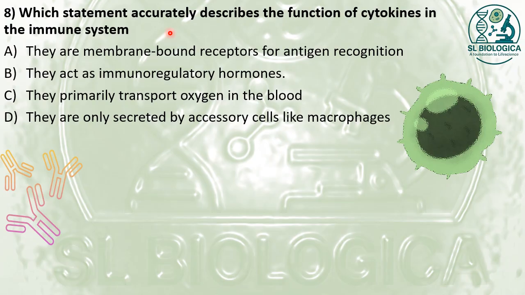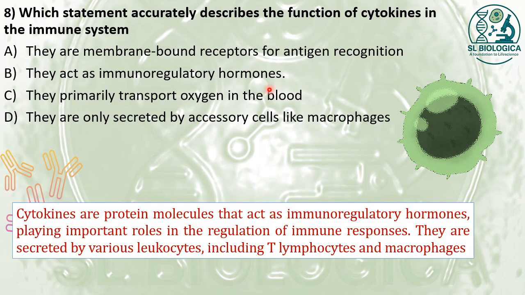Which statement accurately describes the function of cytokines in the immune system? So they are asking about the function of cytokines in the immune system. So before moving into the options, we will just look at what the function is. Cytokines are actually protein molecules which can act as immunoregulatory hormones.